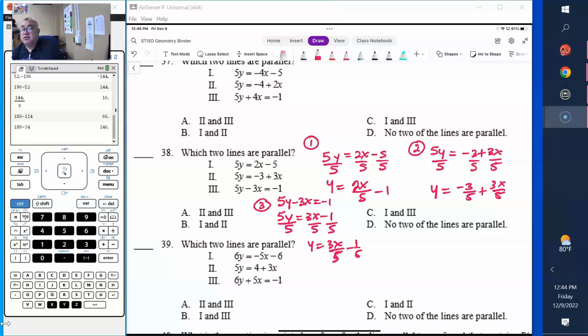So you notice that 2 and 3 have the same slope. That's 3/5. That's 3/5. But the last one is 2/5. So the only two that have the same slope is 2 and 3. So your answer is A.